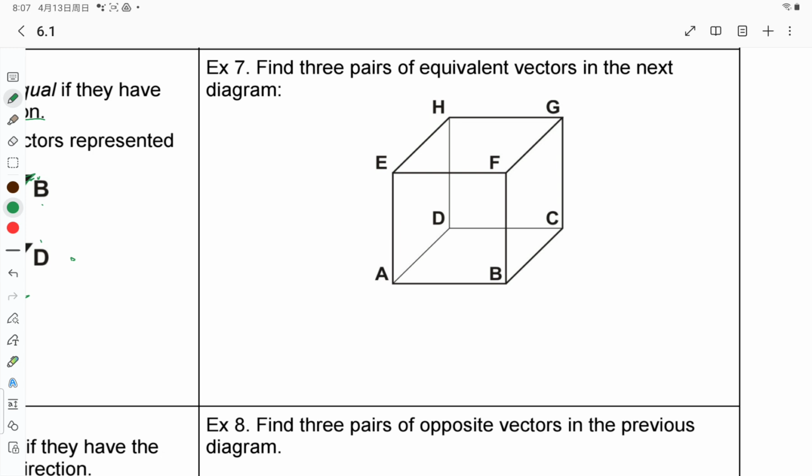Actually, this is not rigorous. It should tell you this is a standard cube with right angles. Yeah, this is boring. These are parallel and the same length.